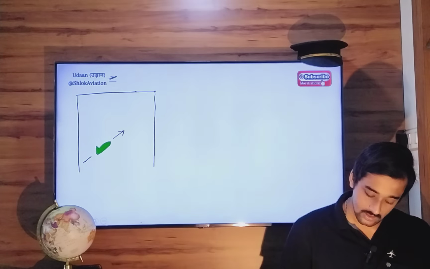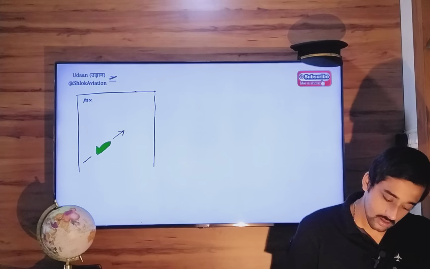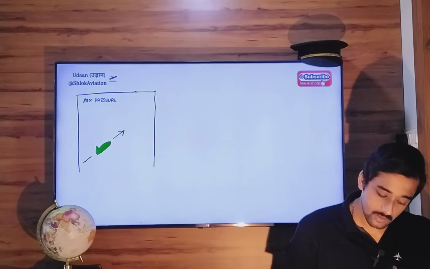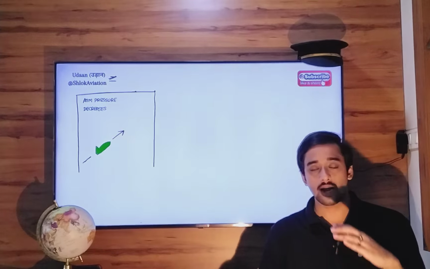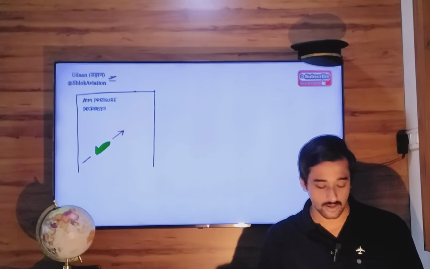What happens when you do that? Atmospheric pressure decreases. When you climb at constant calibrated airspeed, what happens when you climb to higher and higher altitudes? Atmospheric pressure, static pressure goes on decreasing, right?